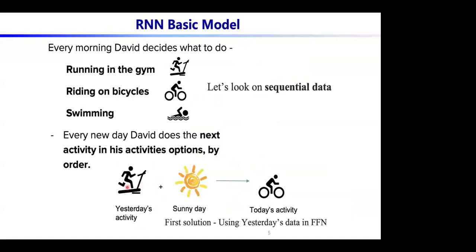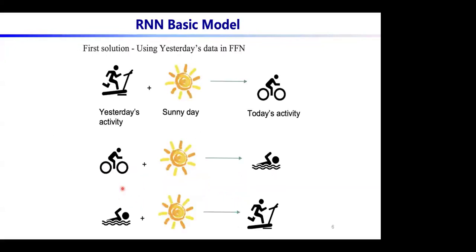For this, we need some neural network that can consider both the current conditions, the local conditions, and also the previous activity. So obviously, we need two inputs into our network, and then our network should be selective on the activity, and that is dependent on yesterday's activity.